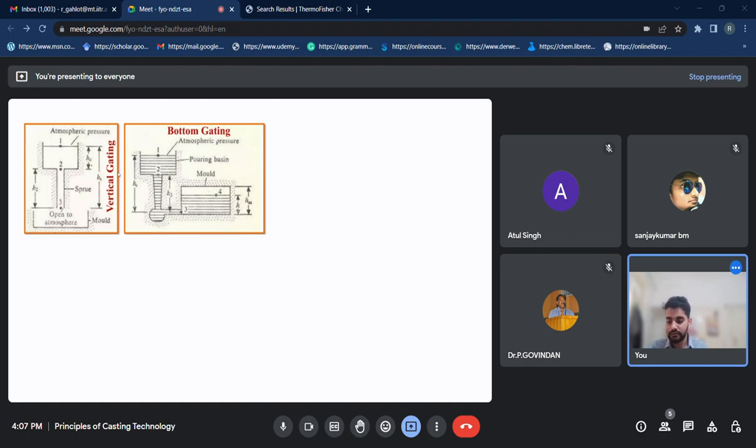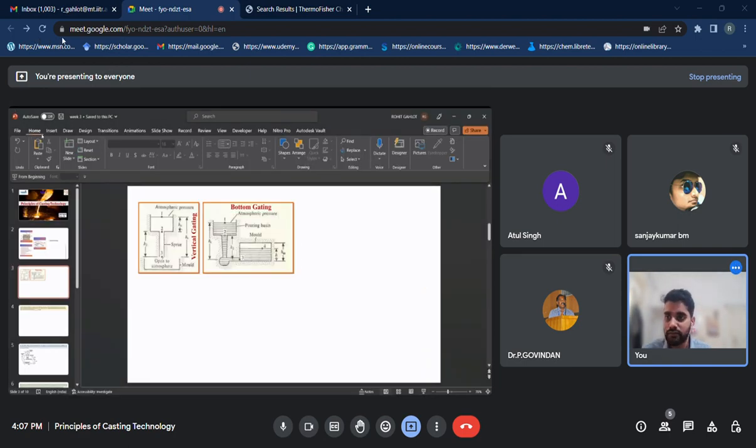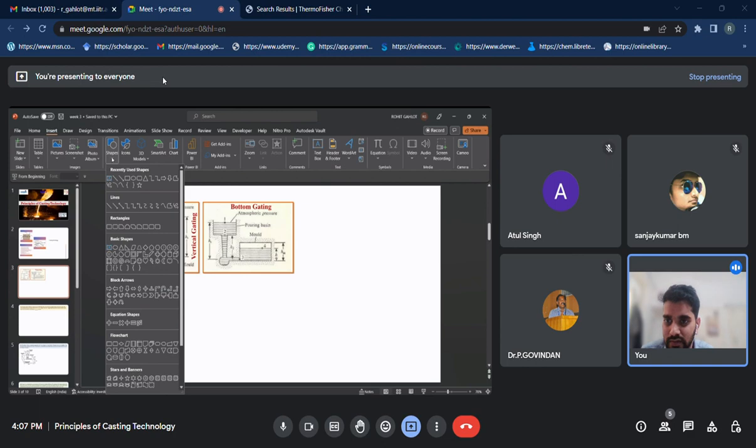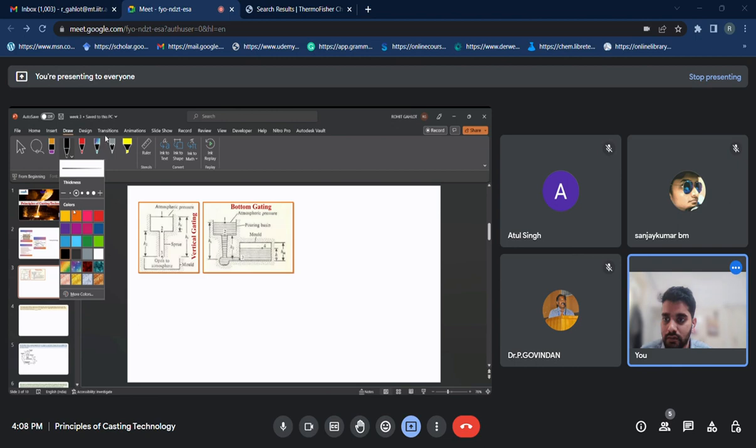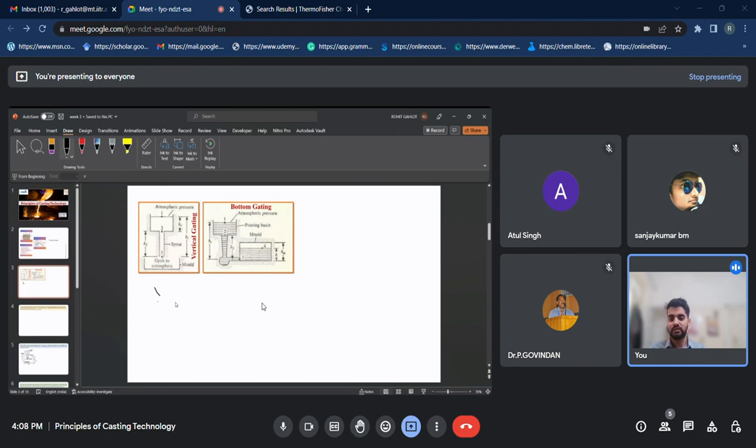Now, if we come to the top gating and the bottom gating, the derivation of the filling time, like how much time it will require for the filling, has already been covered also, but I will briefly summarize how these can be derived.